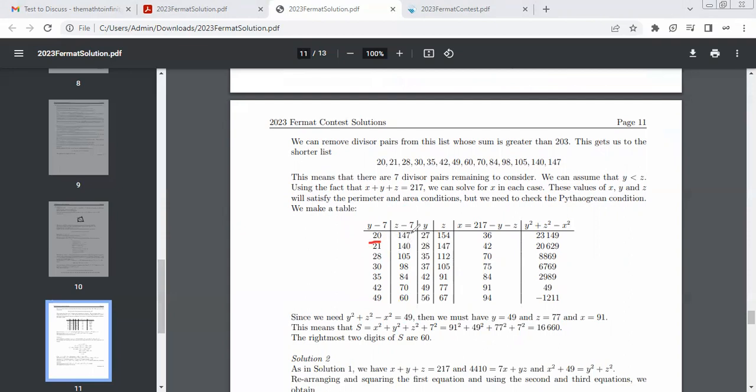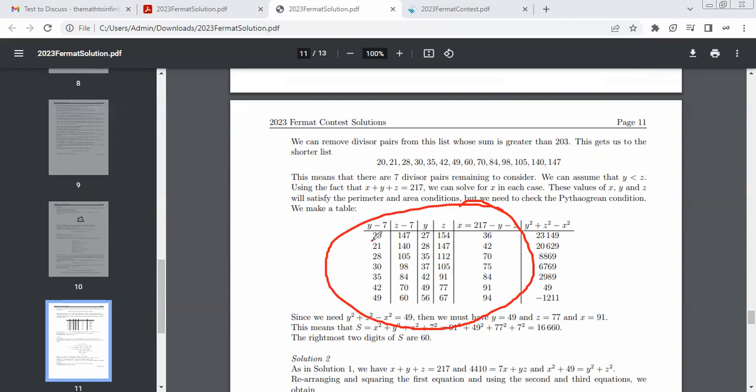So you'll have 20 plus 7 giving 27, and 147 plus 7 giving 154. For finding x, the equation is 217 minus y minus z. So you just have to substitute the values of y and z over here for finding the value of x. Is it clear? Can you follow these? Yeah.